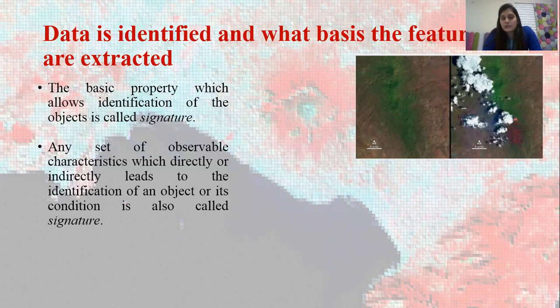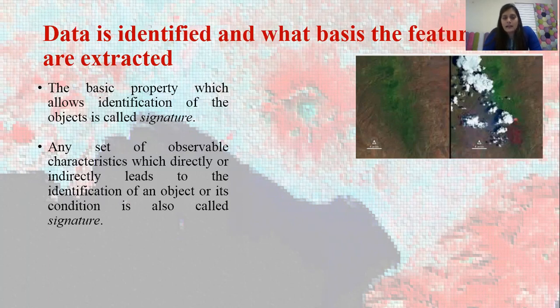So for that, extraction is very important, so that we do not misguide ourselves while reading the image. Why? Because the basic property which allows identification of the object is called signature. Every feature has its own signature, and through that signature and other relevant information, we can get what that image means. Now, any set of observable characteristics which directly or indirectly leads to the identification of an object or its condition is also called a signature.